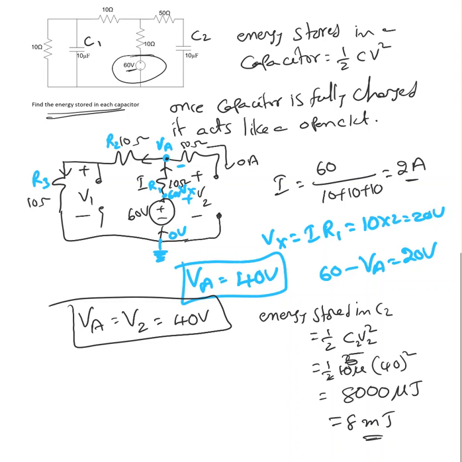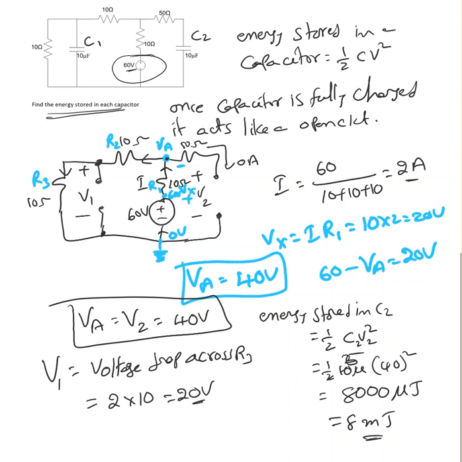Now if you look at V1, what is the voltage drop across V1? Can I say my V1 is the same as the voltage drop across R3, because both of them are in parallel? That value is 2 amperes times 10 ohm, which is 20 volt.